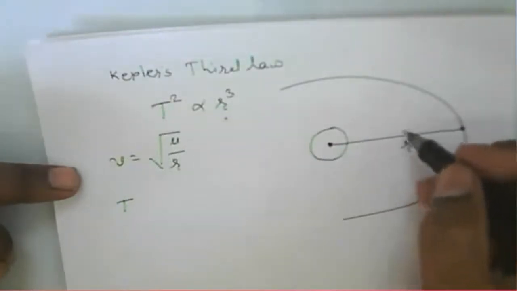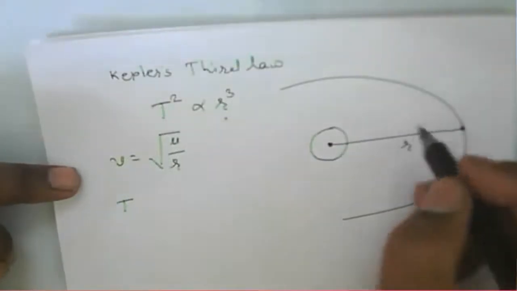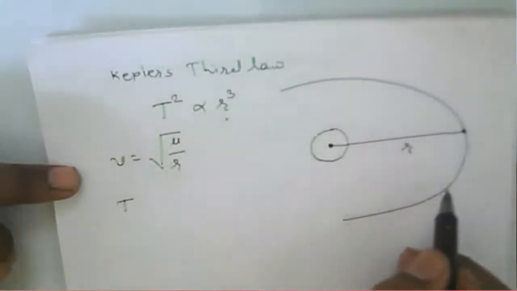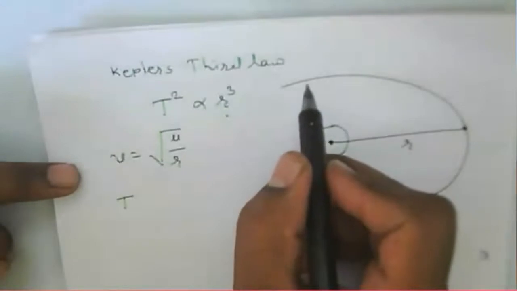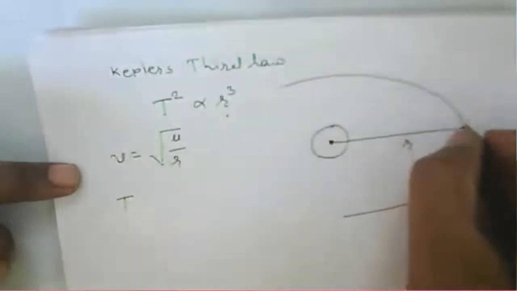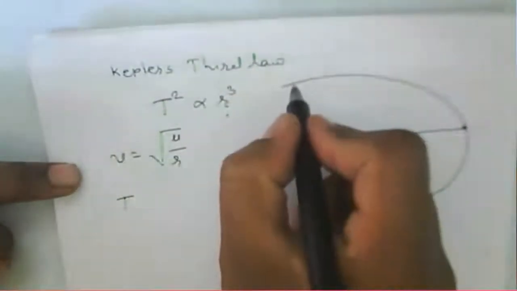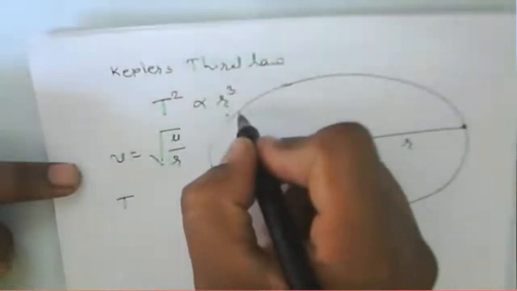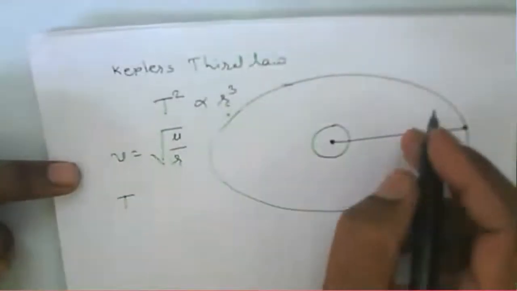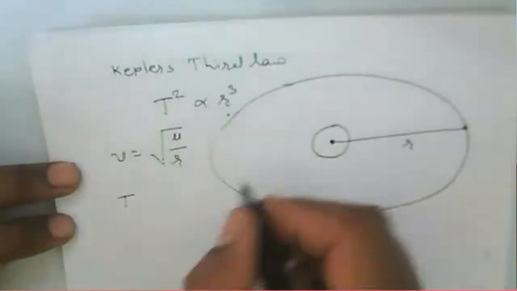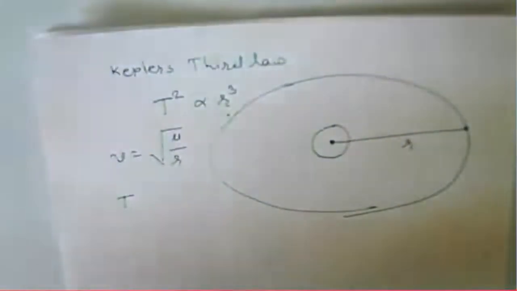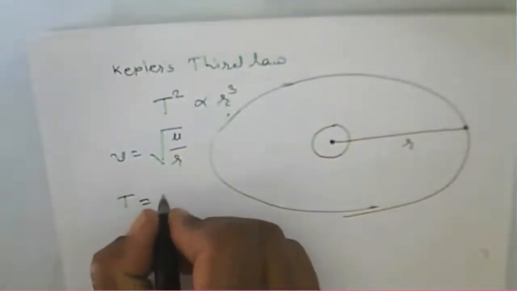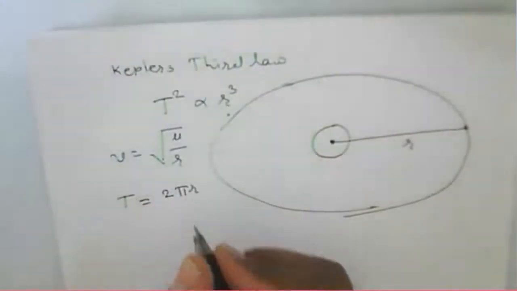Now for a given particular orbit which has a radius r, the period of this particular revolution is given by the circumference divided by the velocity.